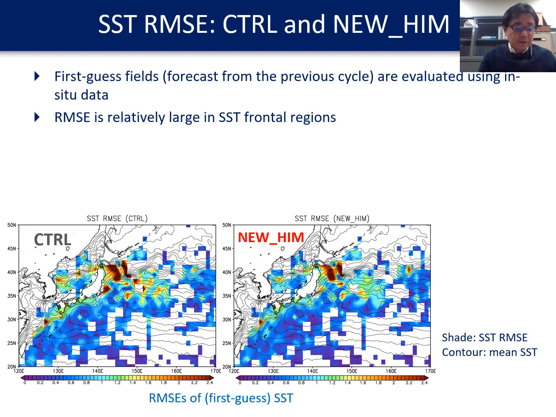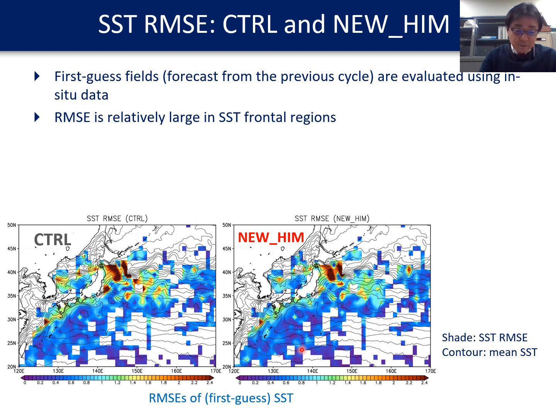Next, we evaluate SST RMSE, which is calculated against in-situ temperature observations. Here we use first guess SST instead of SST analysis because the observations used for the RMSE calculation were also assimilated. The left is control and the right is the new HIM result, and the background contour indicates mean SST.